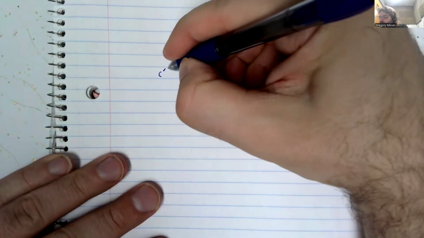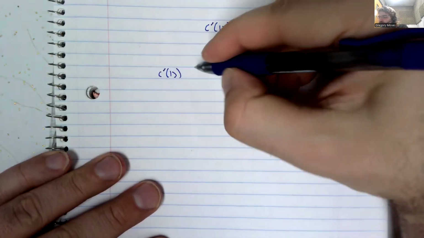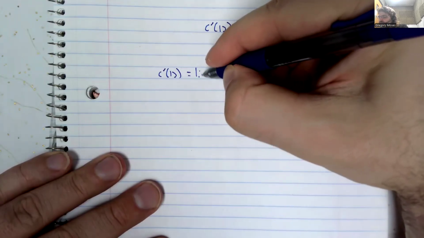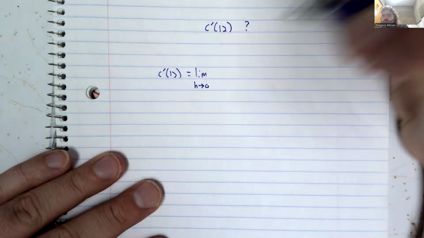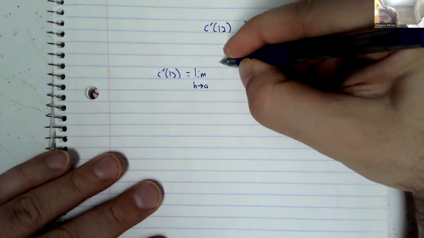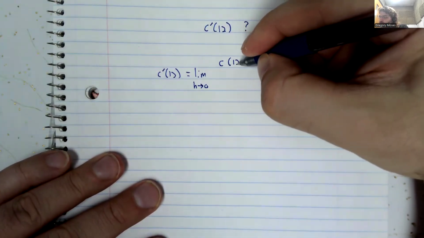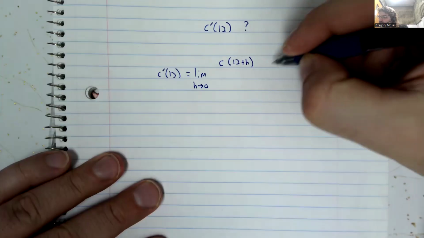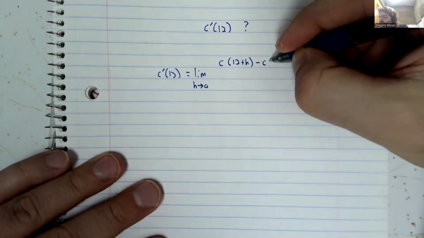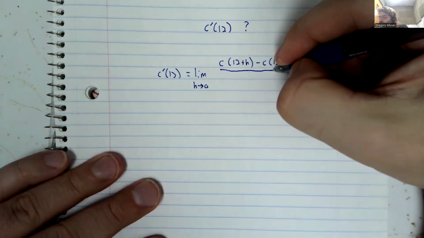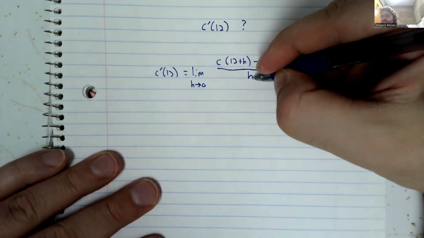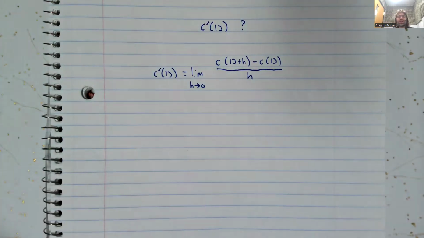C prime of 12 is the limit as h approaches 0 of C of 12 plus h minus C of 12, all divided by h.